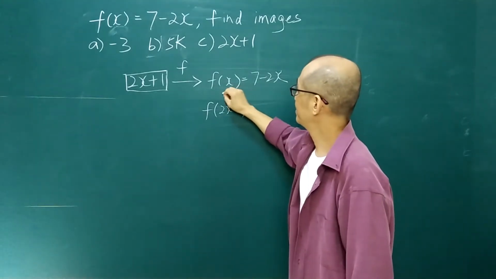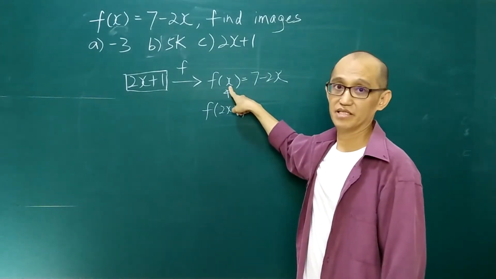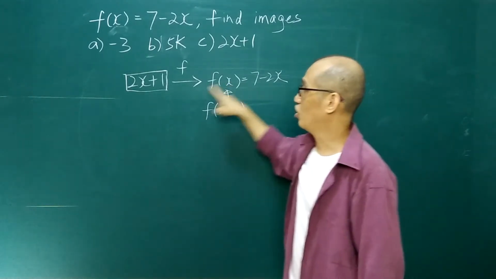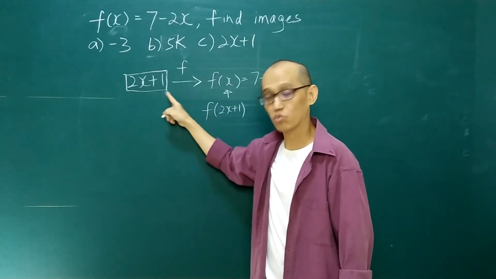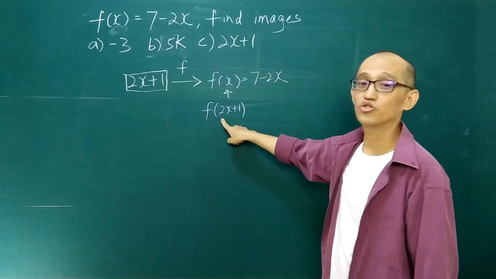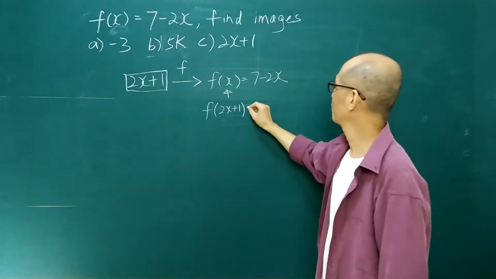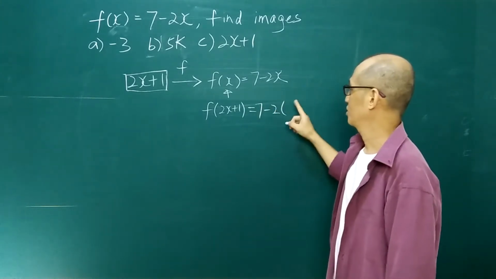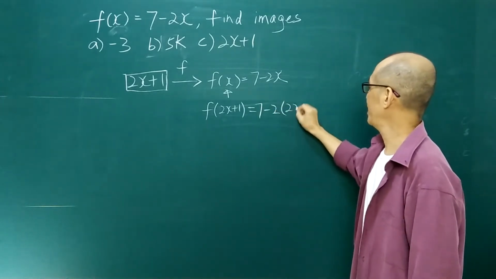Note that this x, initially it represents the object. But then, the object now is 2x plus 1. So we are going to put 2x plus 1 here. So here becomes 2x plus 1.